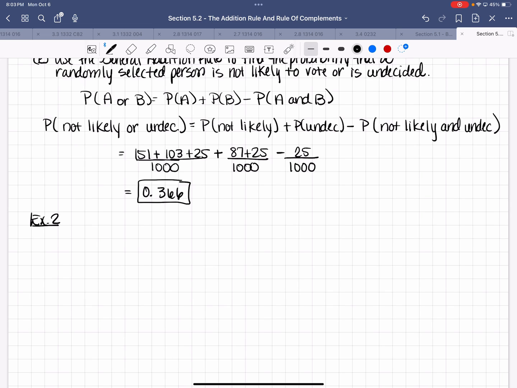Example 2 says, we got a big chart here. So, first row says managers and professionals.